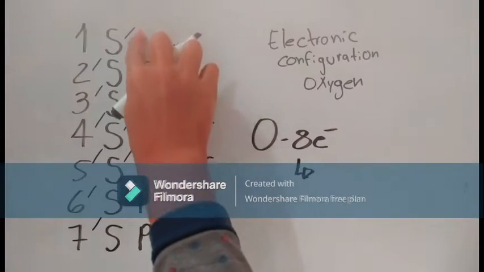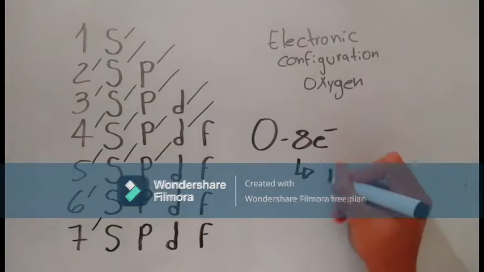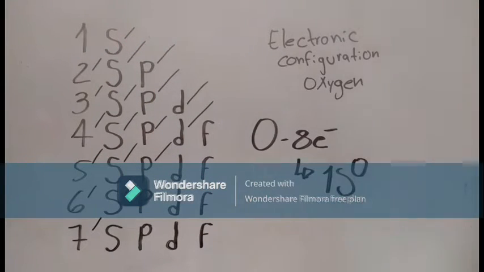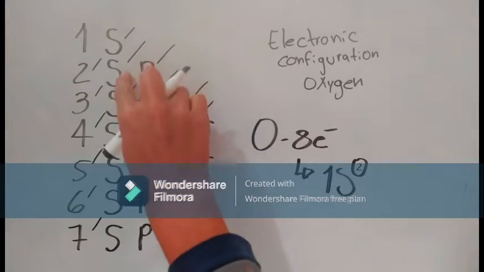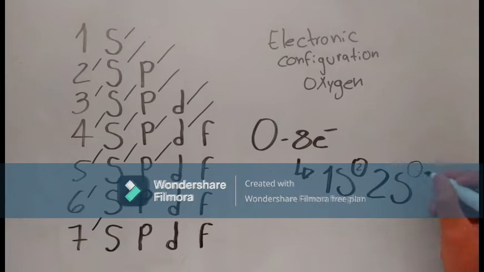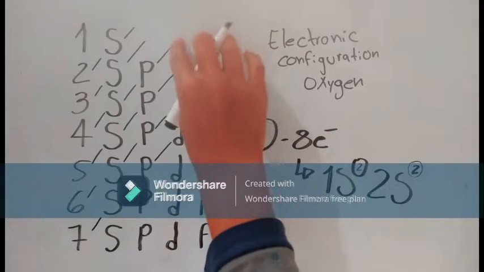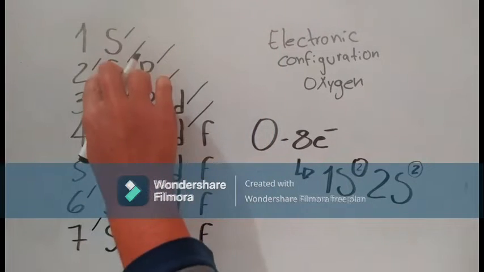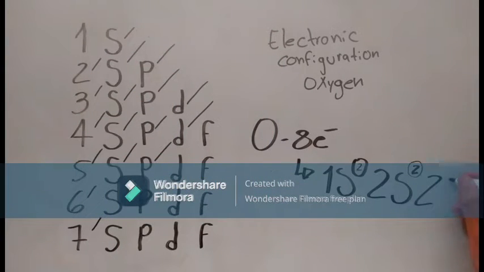We proceed with the electronic configuration of the oxygen. We will begin in the first diagonal. We see the s orbital and the level; we write down the level and the orbital, and remember the number of electrons that fit in each orbital. In the second diagonal, we find the sublevel S and the level 2. We write down the number of electrons.